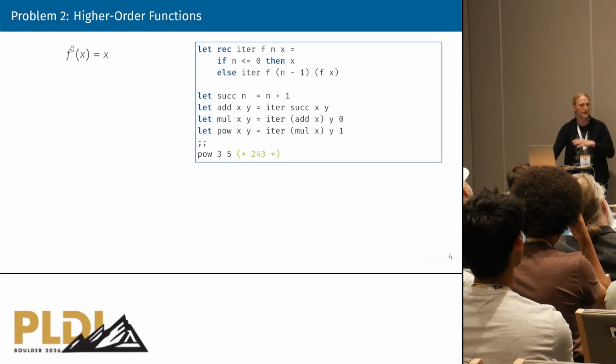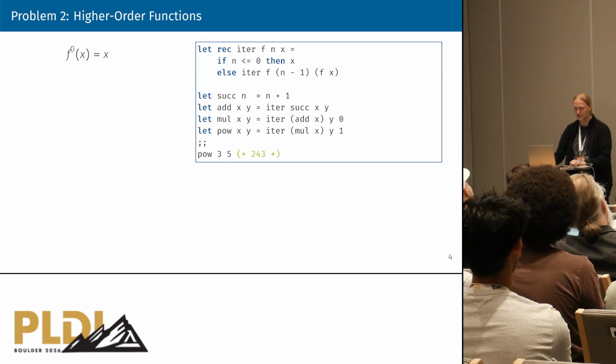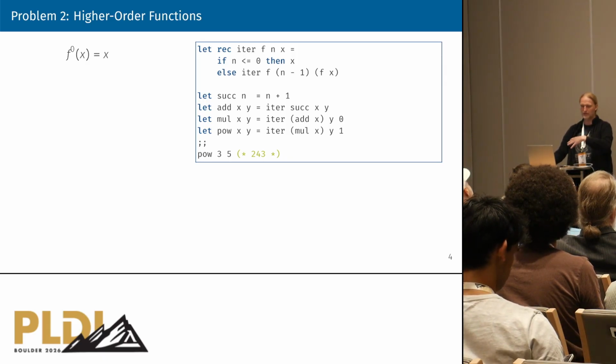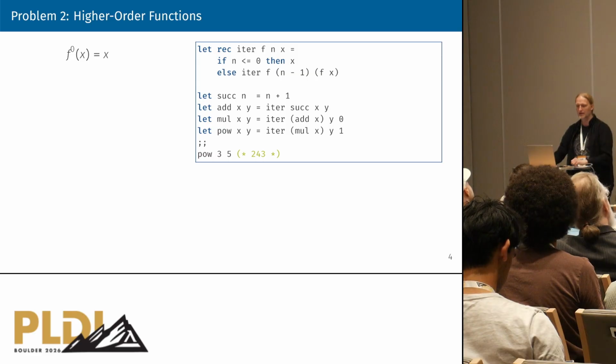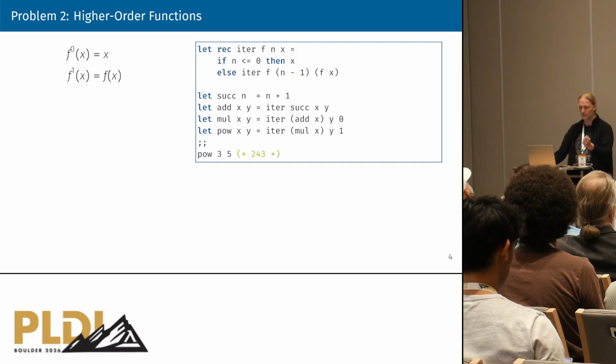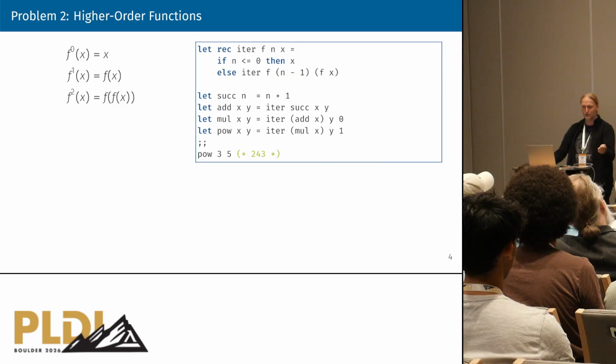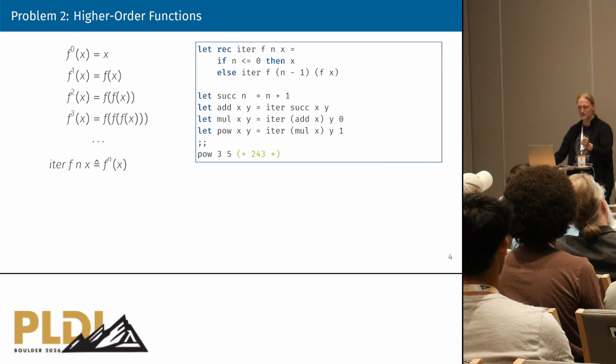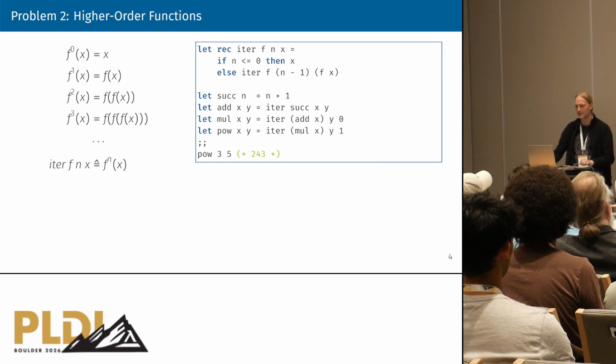So here's problem 2. Let's say we are writing some kind of higher order program, where we want to pass to a function eta some function f that we want to iterate. So we want f^0 of x to be x, f^1 of x to be f of x, f^2 of x to be f of f of x, and so on and so forth. We can easily write this down in a functional programming language such as OCaml.